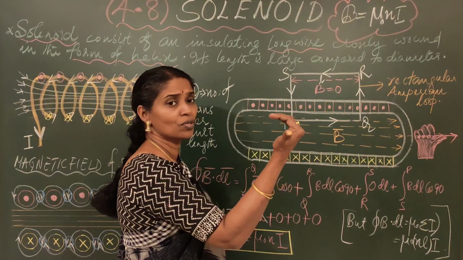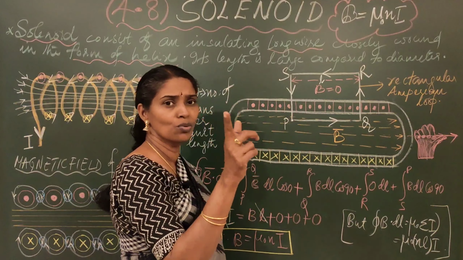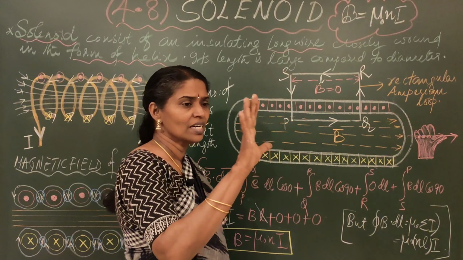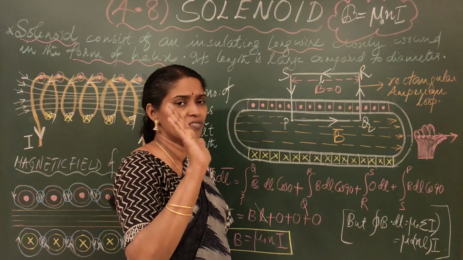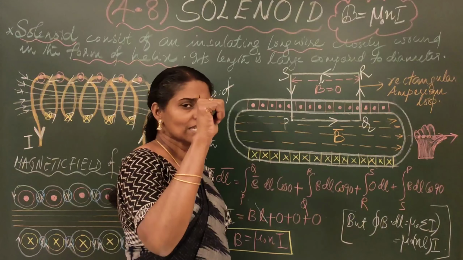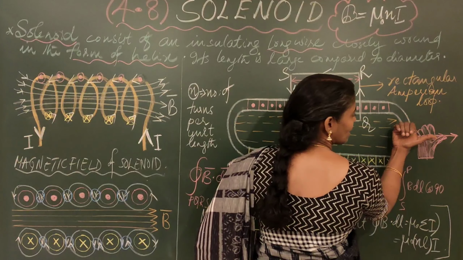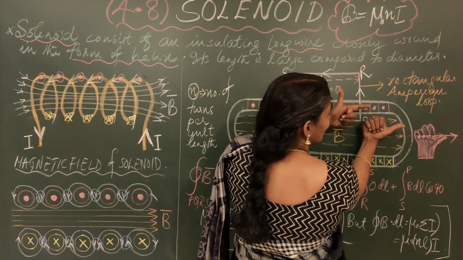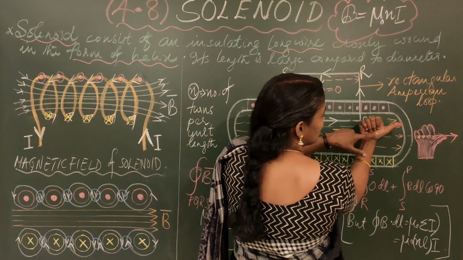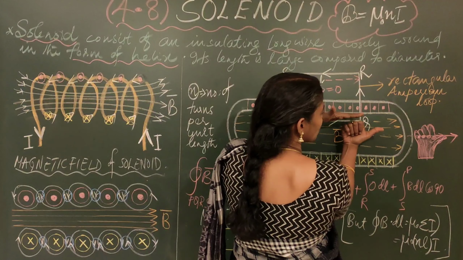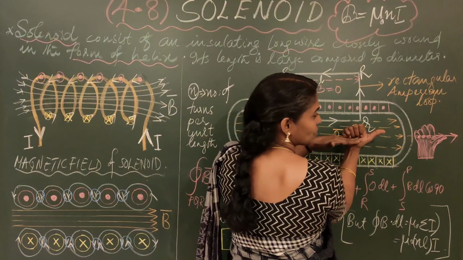And again for the loop rule, you have two right hand rules. One for the straight conductor, the other for the circular coil. If it is a circular coil, this is current, this is magnetic field. Look at the current. Current here coming out, here going in. So this point refers to the top, this point refers to the bottom.